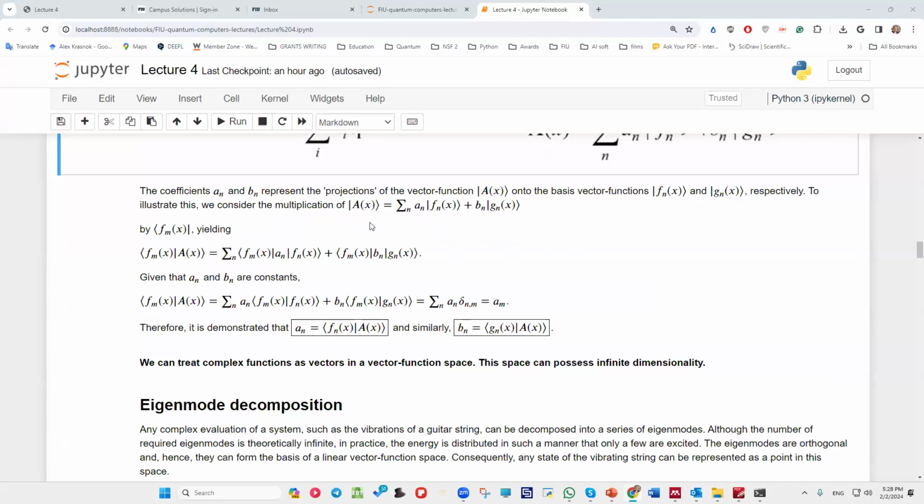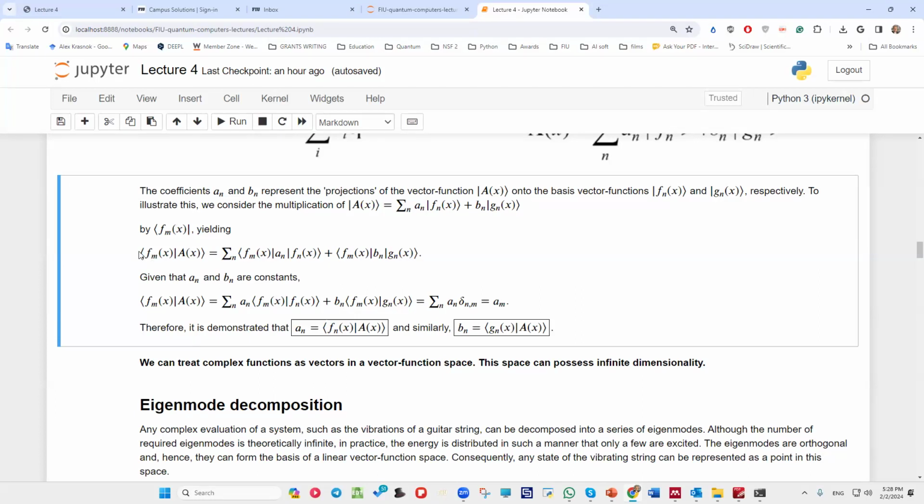Why? Indeed, if we consider this expression here, we can multiply from the left by the bra vector of one of the basis vectors. I choose fm, vector fm.